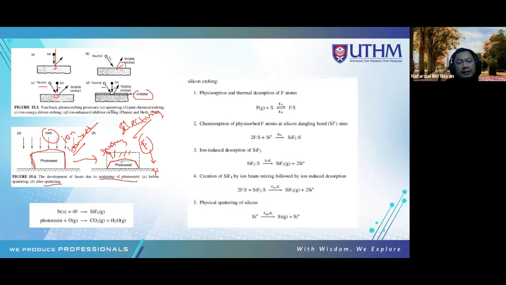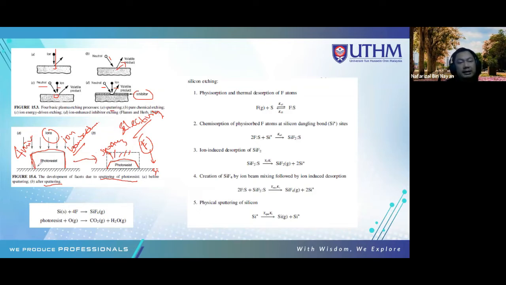That's why it's very important to make sure that the thickness of the photoresist is thick enough to sustain the time. For example, just now we calculated we need 4 minutes for the etching. So make sure the thickness is thick enough to sustain 4 minutes of ion bombardment sputtering.